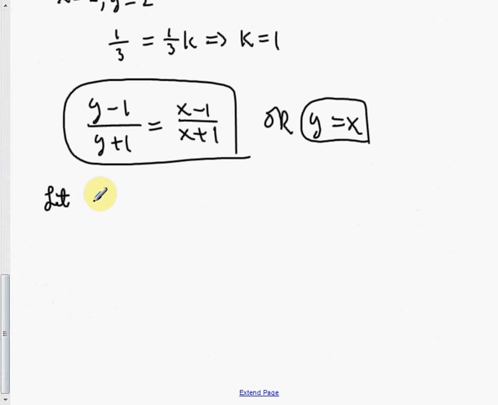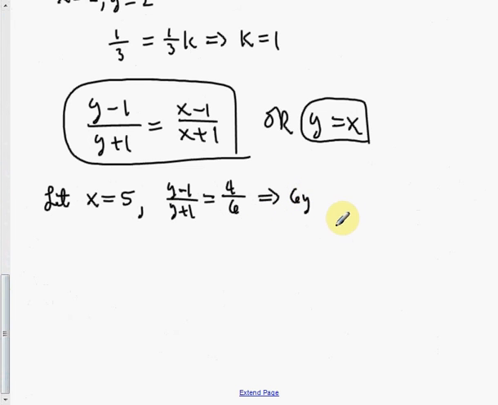if you let, say for example, x equal to 5, just pick any number. So I get (y minus 1) over (y plus 1) is equal to (5 minus 1), 4, all over (5 plus 1), 6. That implies cross multiply.